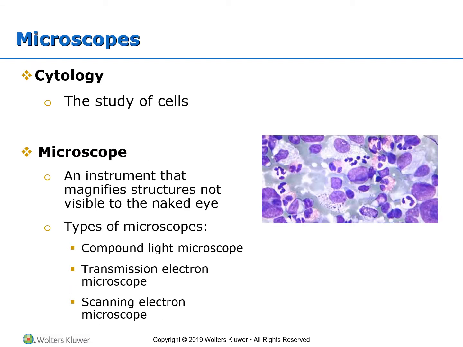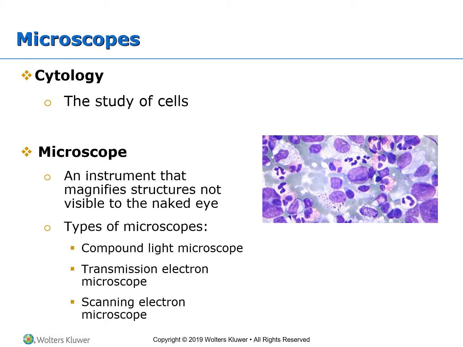The science that is involved in studying cells is called cytology. We started to be able to define the structure of the cell and understand cell function not so long ago, only 350 years ago.